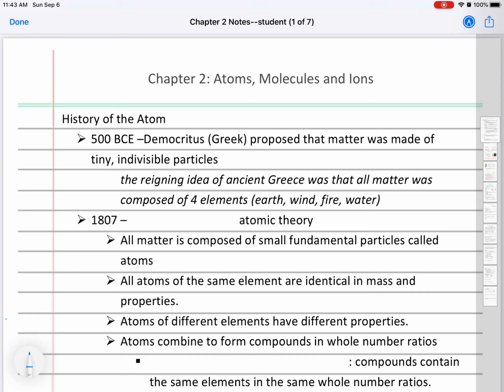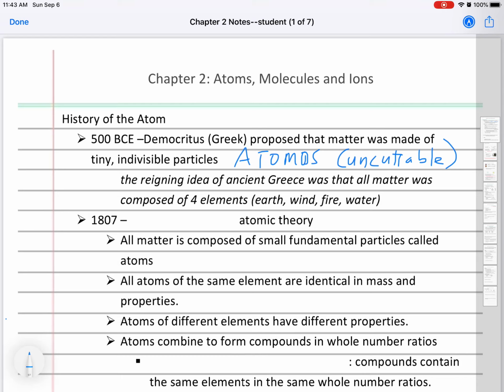He called them atomos, which in Greek means uncuttable, can't be cut.